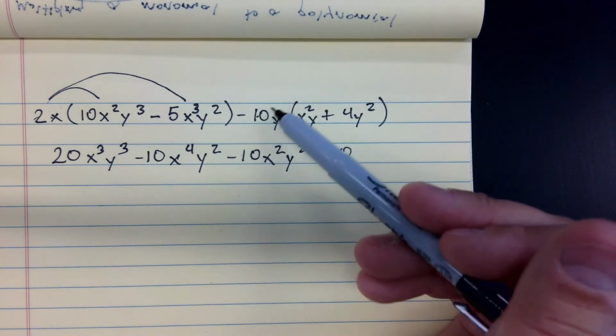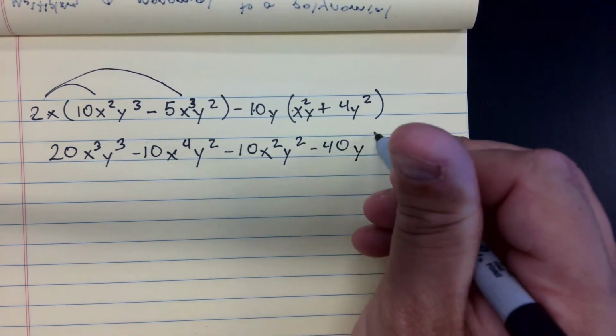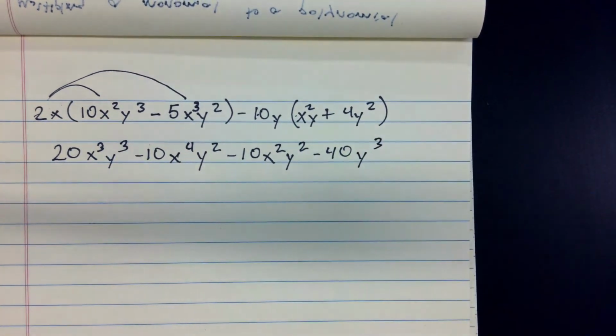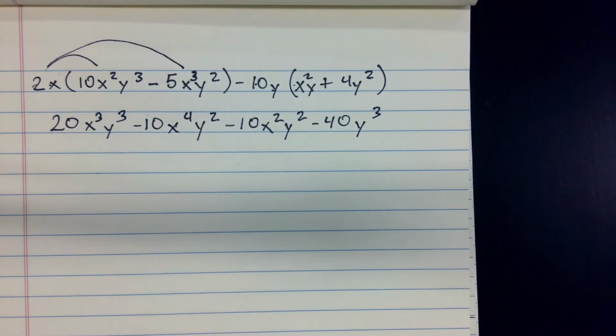No, there's no x on that, so just y times y squared is y cubed. Now we combine like terms. Do we have any like terms? Well, they all have an x and a y, but none of them are exact. They have to have the exact variables and the exact exponents in order to combine like terms. None of those are exact.